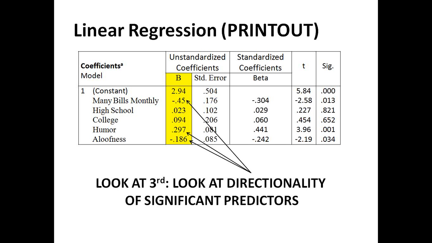So if you have many bills monthly, then your level of happiness goes down. Then humor, second from the bottom, the beta is positive 0.297, meaning as humor goes up, happiness goes up. And then lastly, for aloofness, it's a negative 0.186, meaning as aloofness goes up, your happiness goes down.